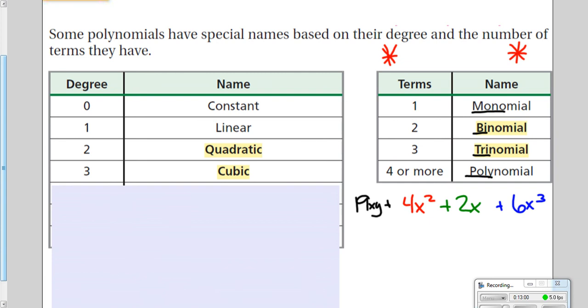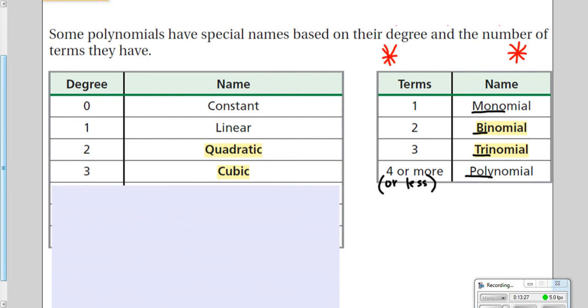So again, the number of terms you have kind of determines how you name your polynomial. I do want to point out though, even if I just had 2, you could technically still call it a polynomial because it is still the sum of 2 monomials, okay? So polynomial actually, if I could adjust this definition, I would even say that it's 4 or more or even less, okay?